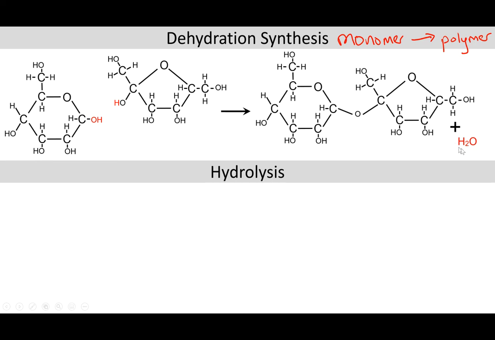And remember, we produced water as a product. So we have reactants on this side. Your reactants are your monomers. And your products is your polymer plus water.